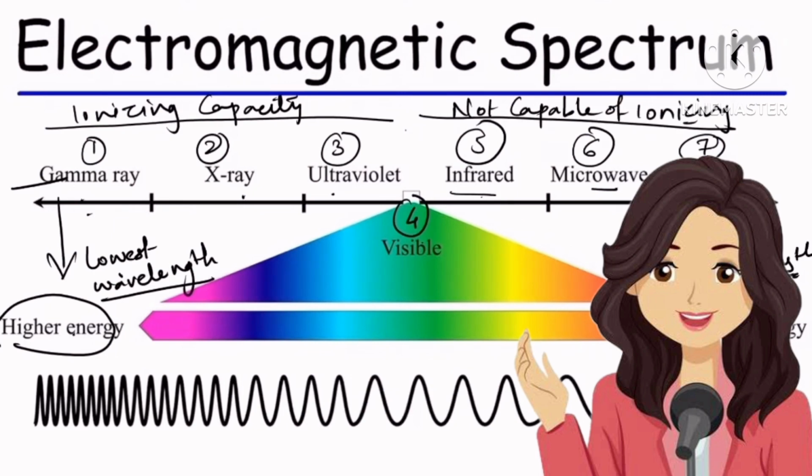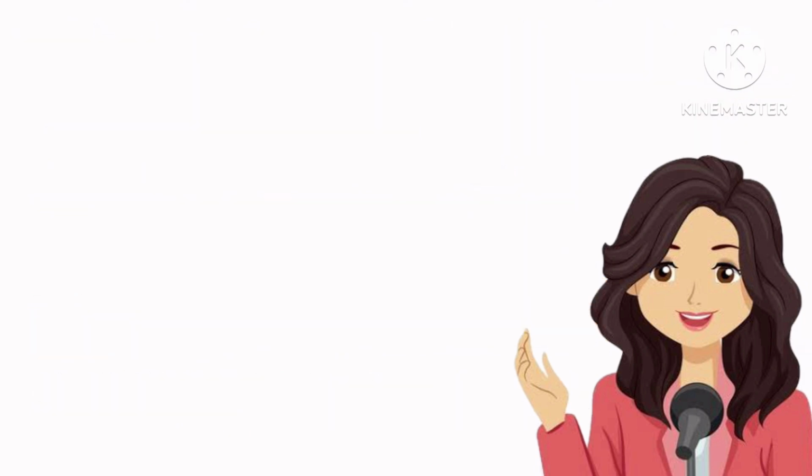Okay. So this is the electromagnetic spectrum. Just remember which has the highest wavelength, which has the lowest wavelength, which has the highest energy, which has the lowest energy. All right. Then we'll move on to the types of X-rays.